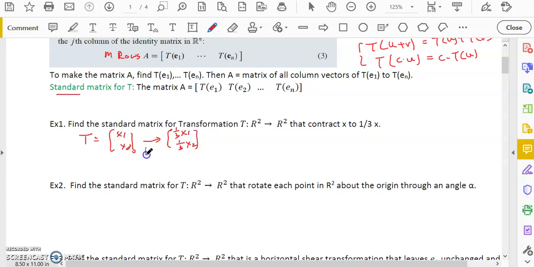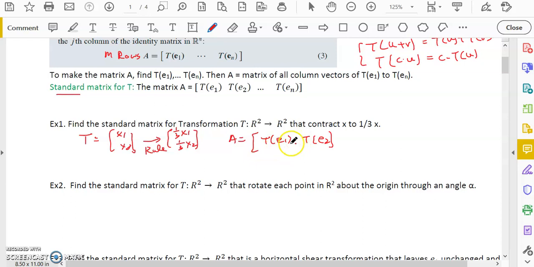This is just a rule, times 1/3, but we can actually find a matrix that does the same thing. The matrix is how you would do this for e1 and how you would do it for e2, because there are only two columns.